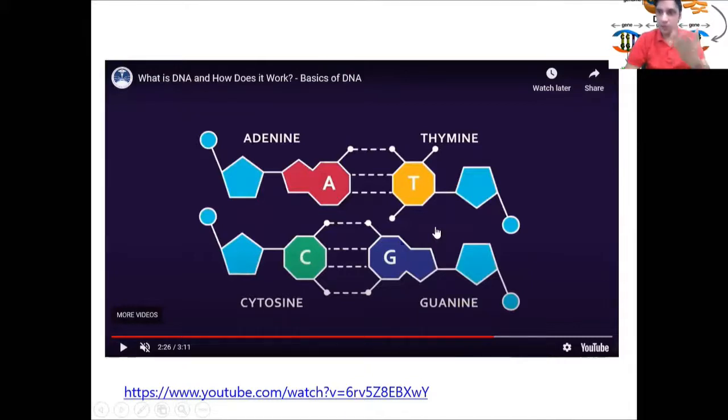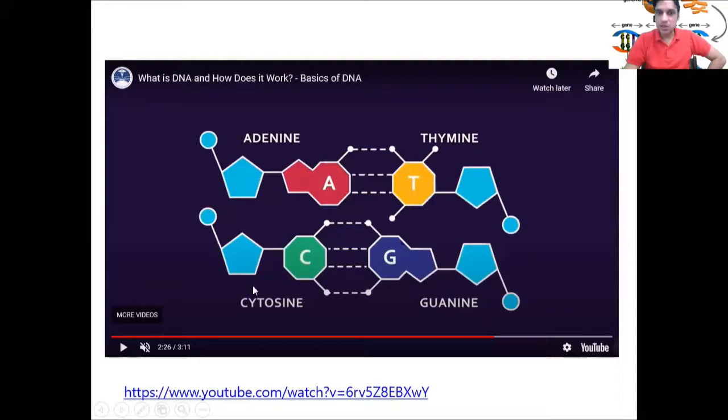What that complementary sequence means is that every A is only capable of making a hydrogen bond with a thymine. So every A meets the T, every G meets the C, every C meets the G. There exist 3 hydrogen bonds between G and C and 2 hydrogen bonds between A and T. These 2 strands run anti-parallel to each other.